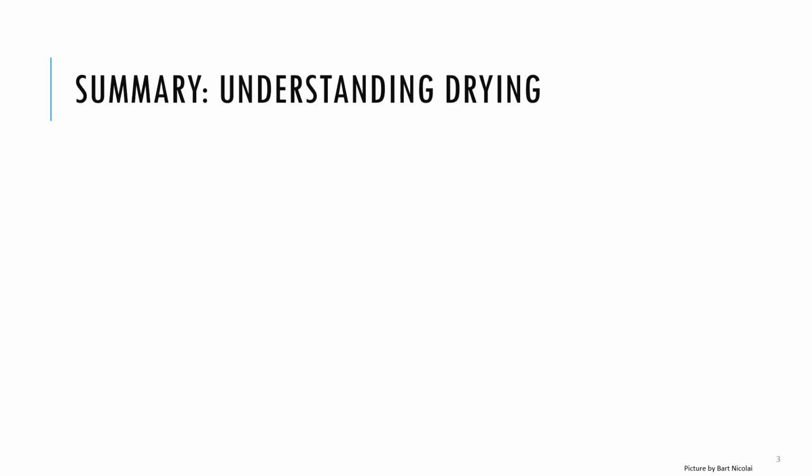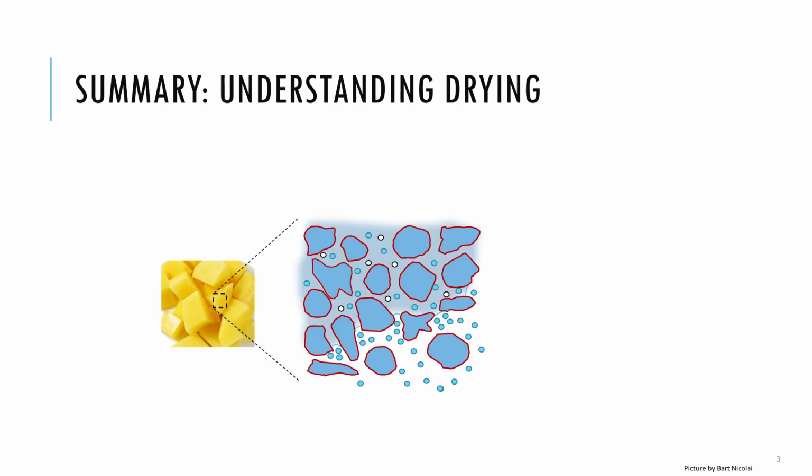A good framework to think of drying of food is to think of the food as a porous medium with various phases. So for example, the solid phase, which would be like the carbohydrate, and then there is liquid water in there.